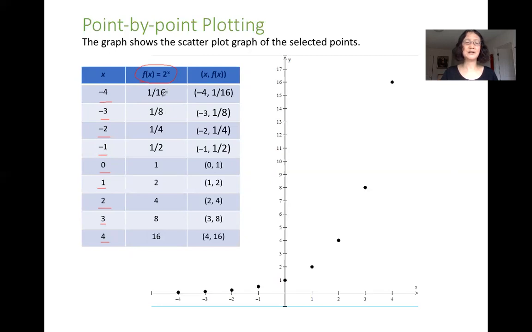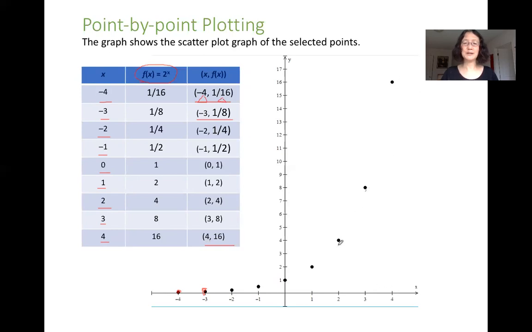So when x equal to -4, y equal to 1/16, roughly here. When x equal to -3, y equal to 1/8, roughly here. When x equal to 4, y equal to 16, this is 16.